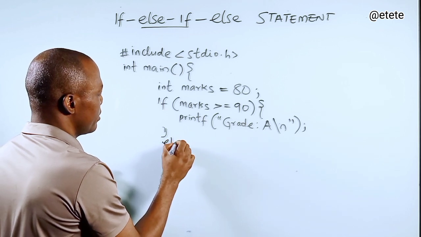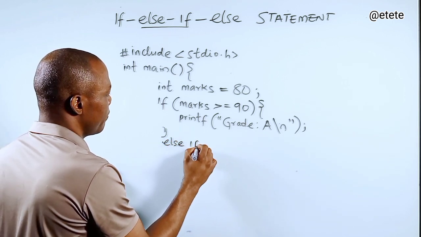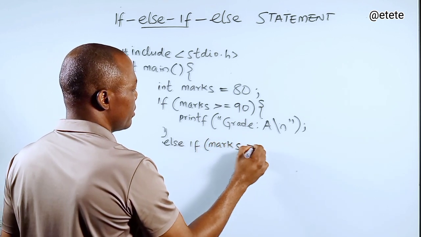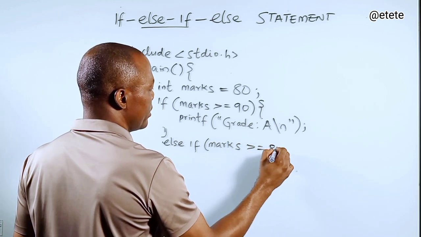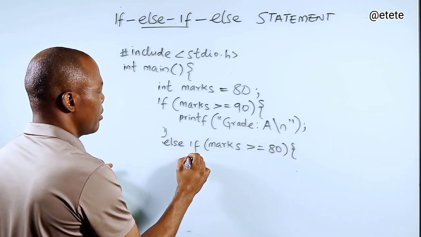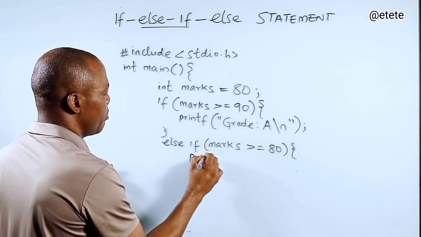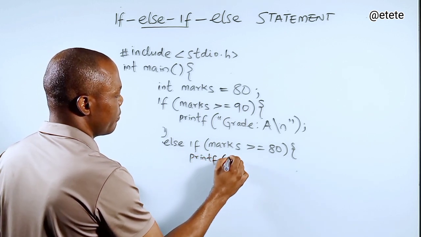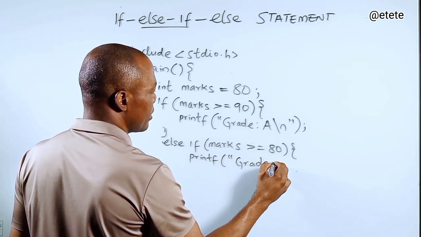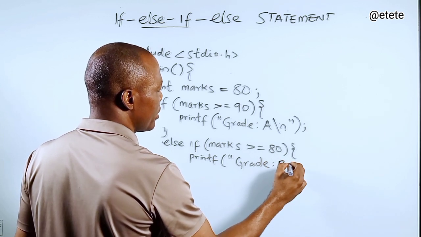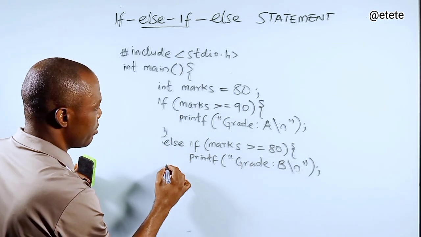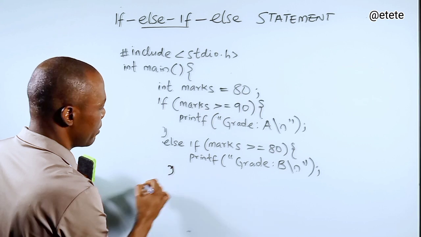Then I say else if mark is greater than or equals to 80, right? printf grade B. So I'm closing this here, right?